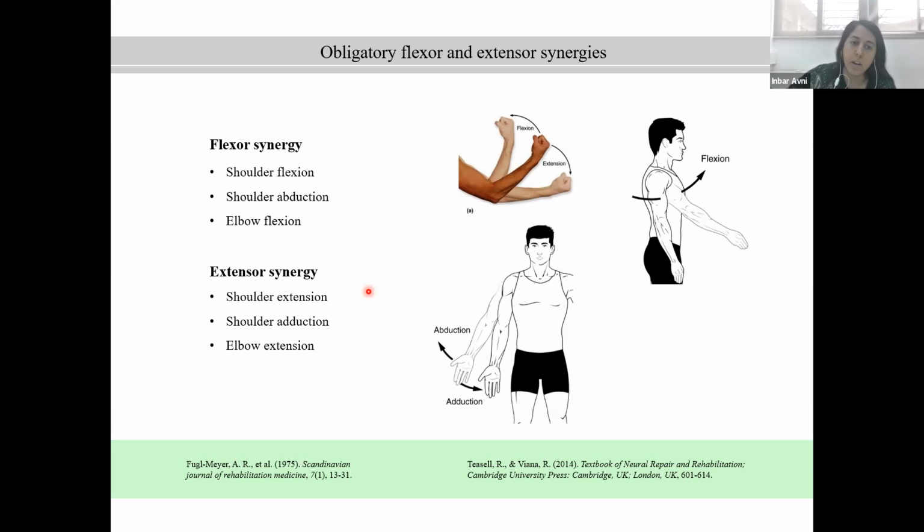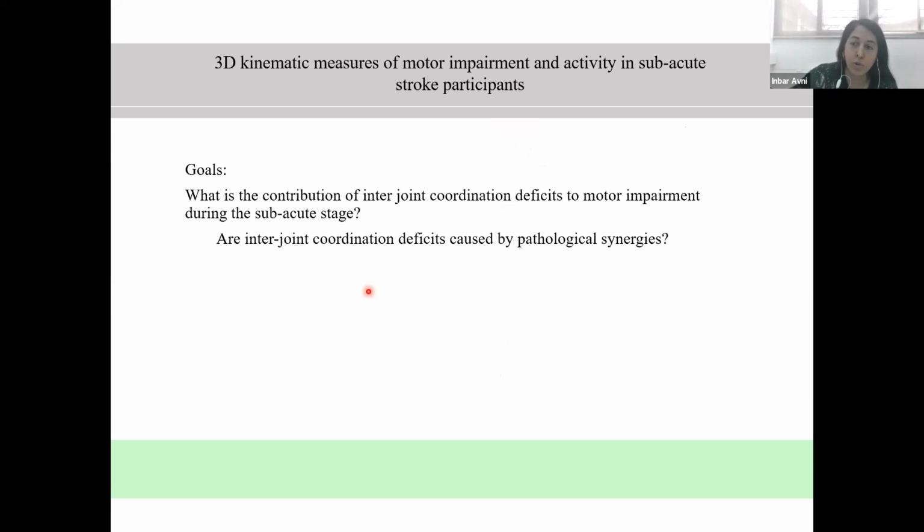So these are phenomena caused by these flexor and extensor synergies. And this is what has led us to our research question, which is how are these interjoint coordination patterns contributing to motor impairment after stroke, and are they caused by the intrusion of pathological synergies, like flexor synergies that I've mentioned.